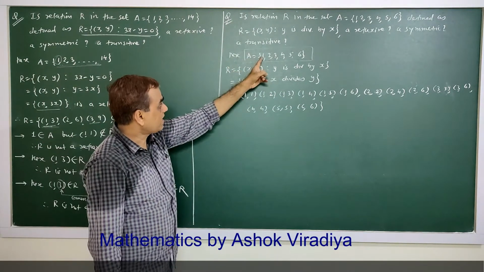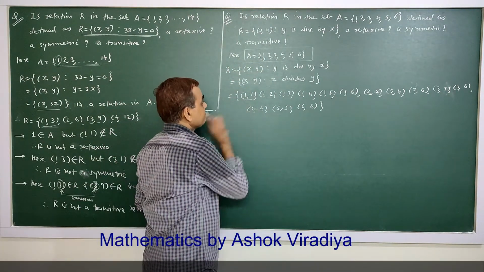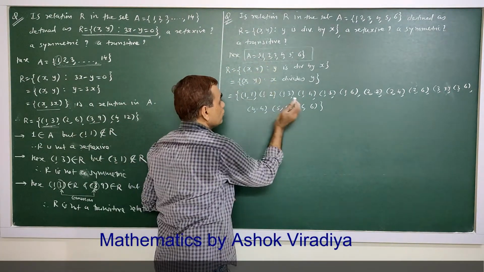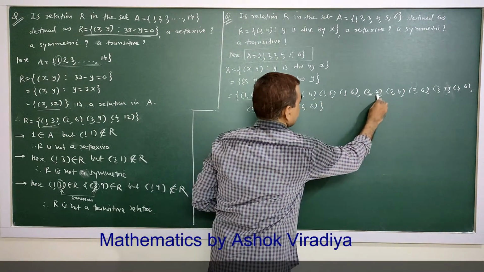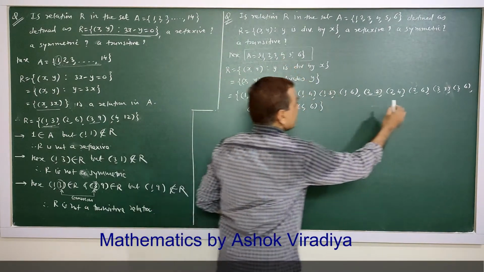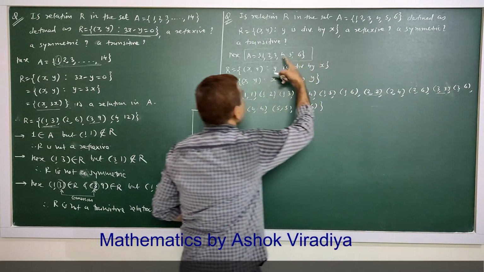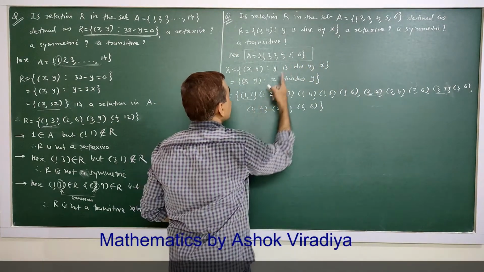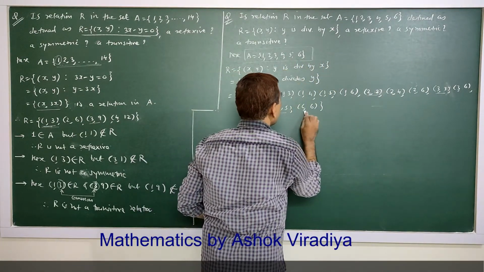See, the pair of 1 is 1, 1, and it is here. The pair of 2 is 2, 2, and it is here. 3, 3 is here. 4, 4 is here. 5, 5 is here. 6, 6 is here.